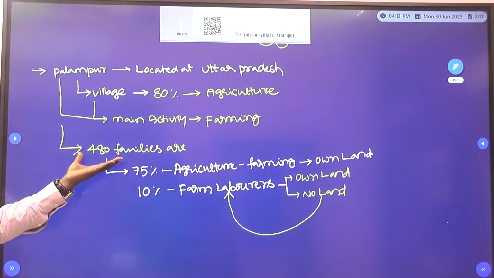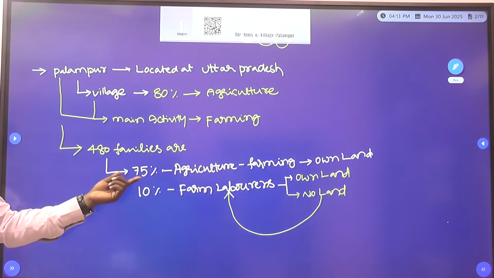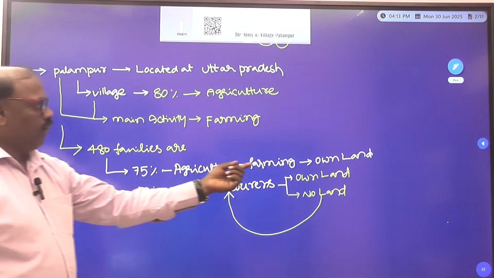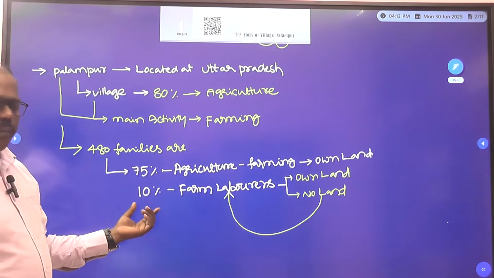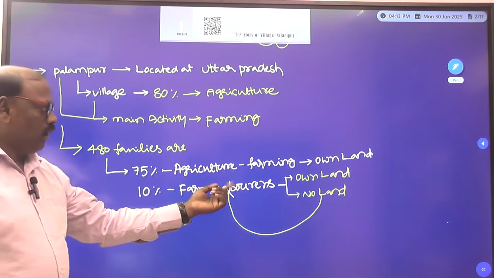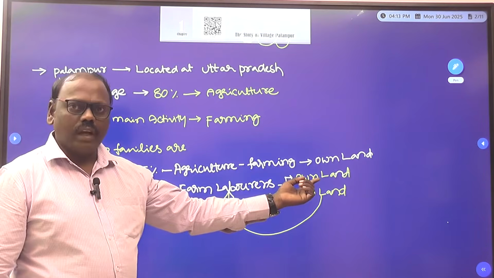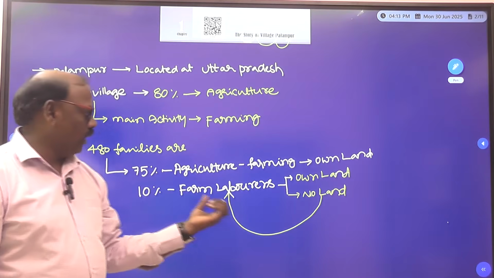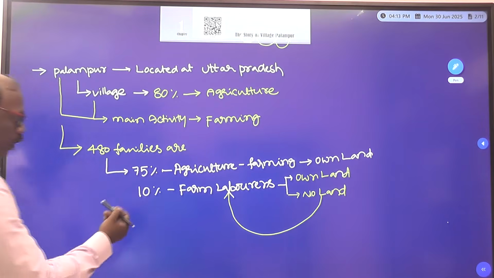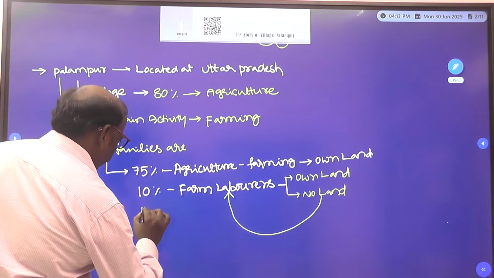Among the 480 families of Palampur, 75% of the people do farming and have their own land. And 10% of the people work as farm laborers, among whom some have their own land and some have no land, hence they are working as farm laborers. Then what about the rest of the 15%?